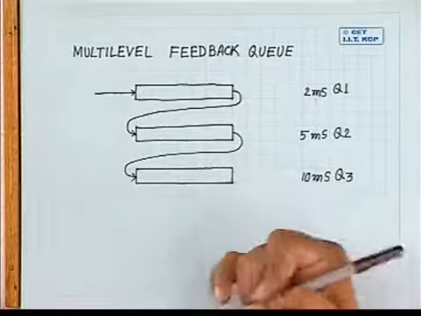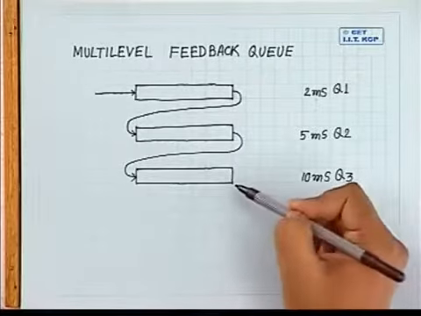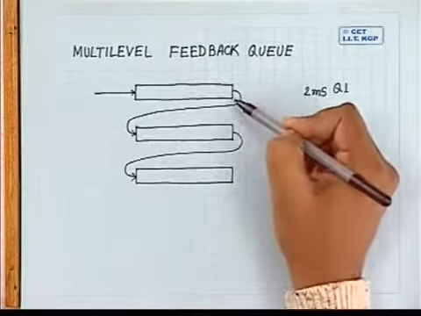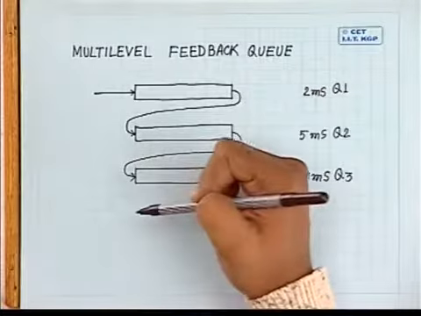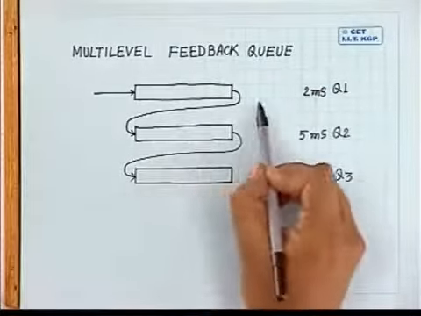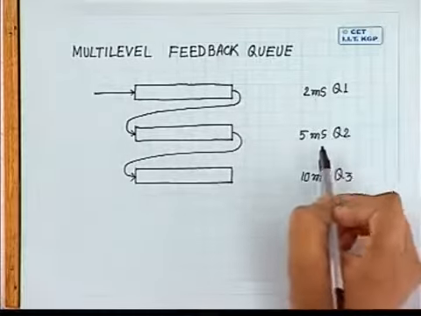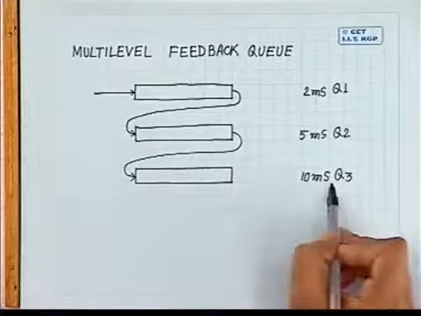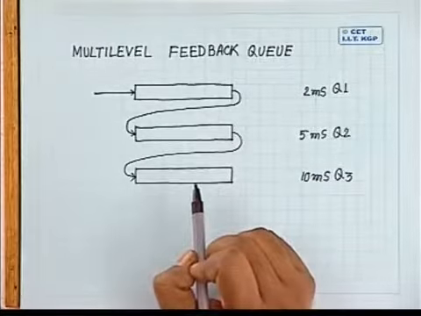Whenever the job changes its nature, that is, it starts becoming IO bound, I start pushing it upwards. When I push it upwards, that means I am increasing its priority. So here again, queue number 1 will have highest priority, queue number 2 will have lower priority, and queue number 3 will have the lowest priority among these three.